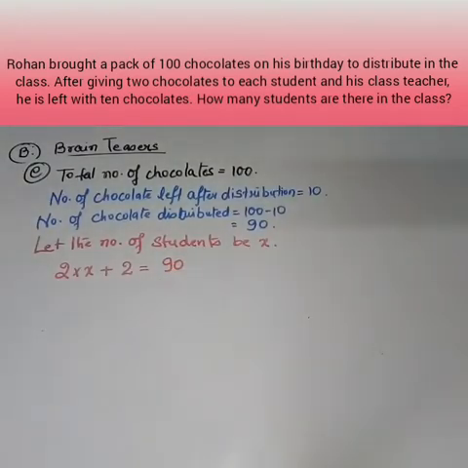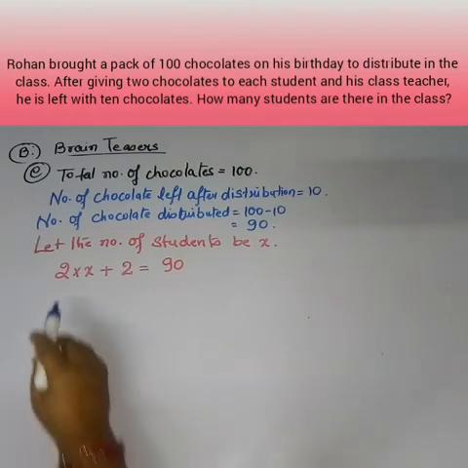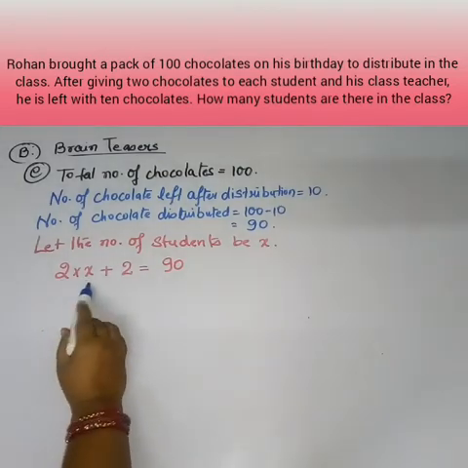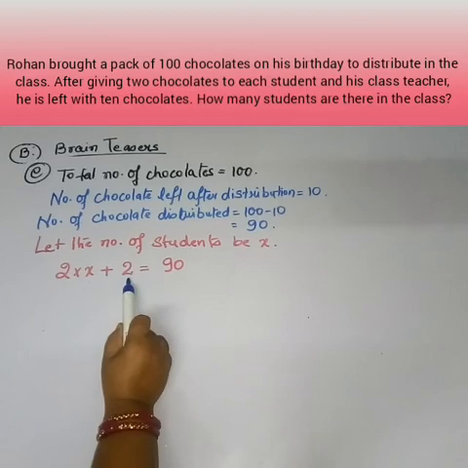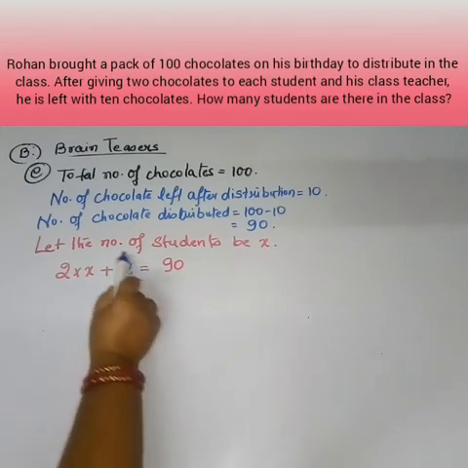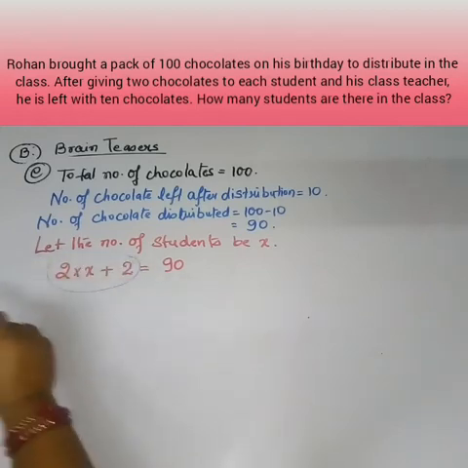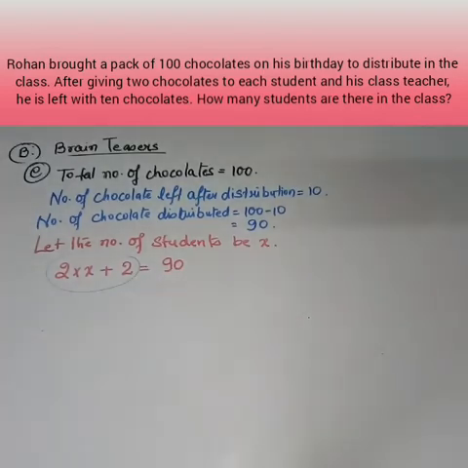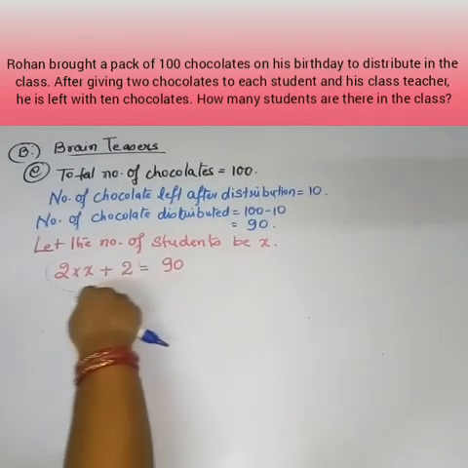I am repeating once again, he has given 2 chocolates to each student and 2 chocolates to his class teacher also, and the total number of chocolates he distributed is 90. Now I am going to solve this one.